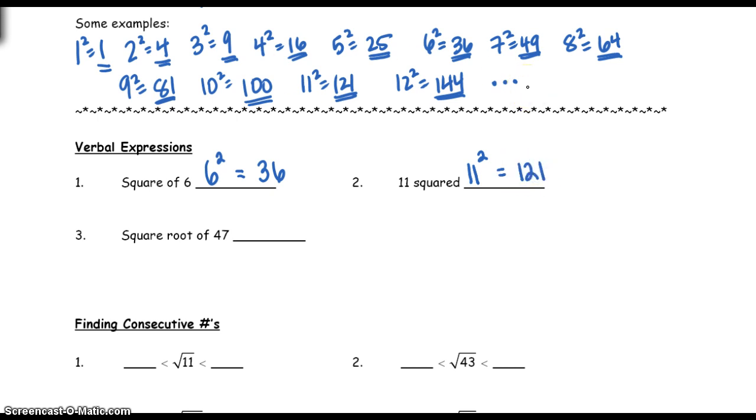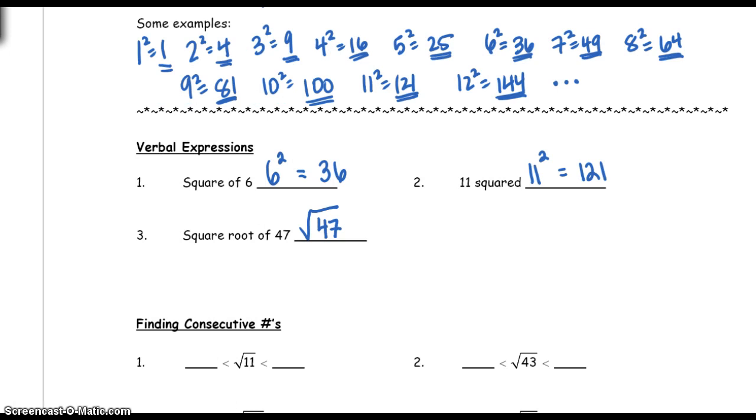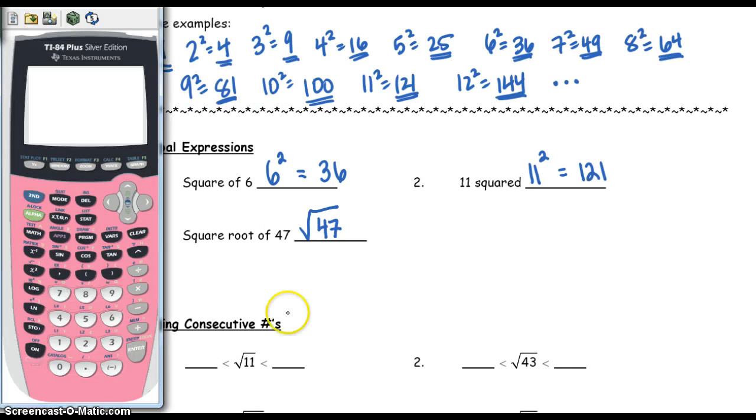The square root of 47. So square root looks like this. Looks like a little check mark box. Almost like a division box, but with a check mark looking thing on it. That's a square root. And then I'm going to talk about how to find the square root of something in your calculator. So if you have to do the square root of 47, you're looking for a button like this. I don't know if you can see my cursor, but it's right around here.